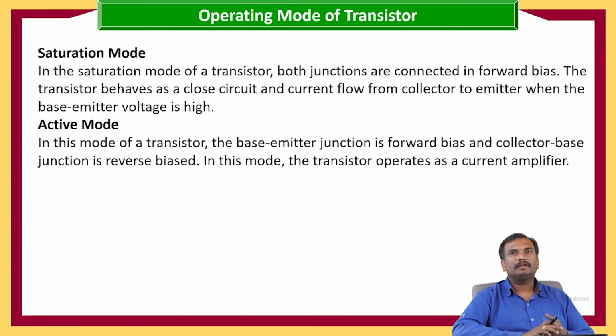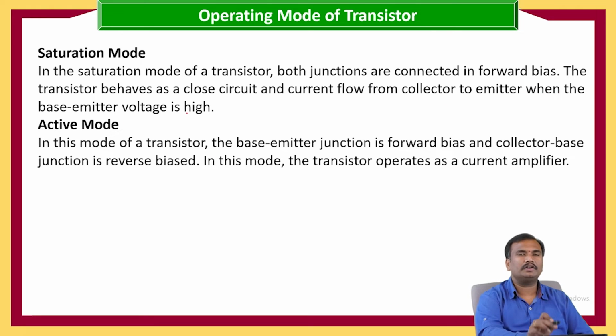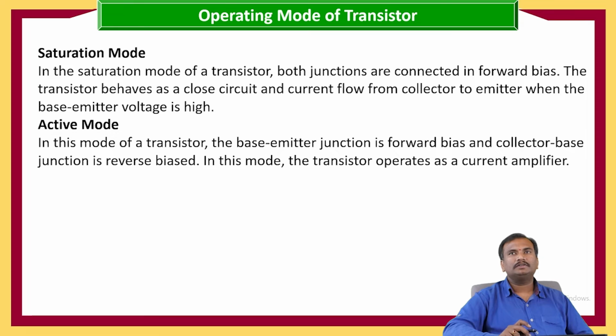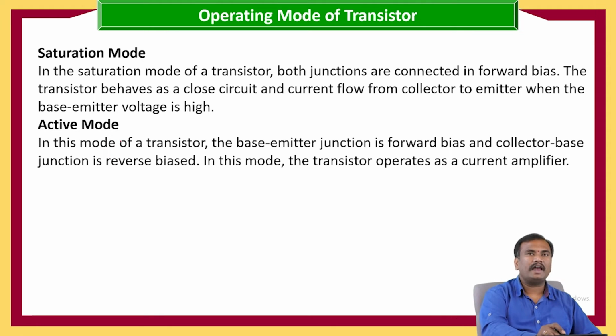When both the junctions are forward biased, current flow takes place from collector to emitter when the base to emitter voltage is high. And the next one is active mode.